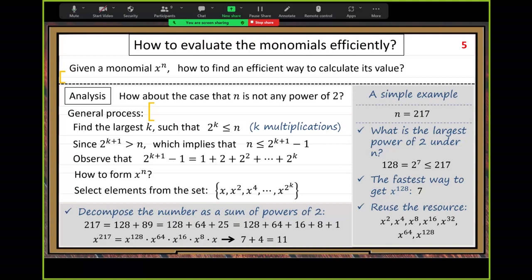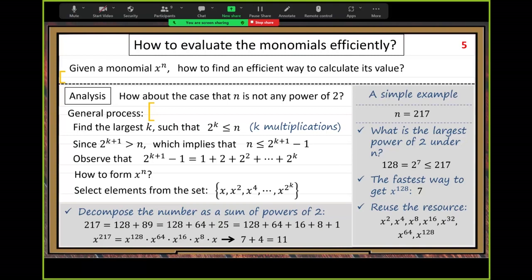That's our intermediate results when we prepare ourselves to calculate x to the nth power. So we need to do this preparation. All right, so that's the whole detail about the repeated squaring technique.